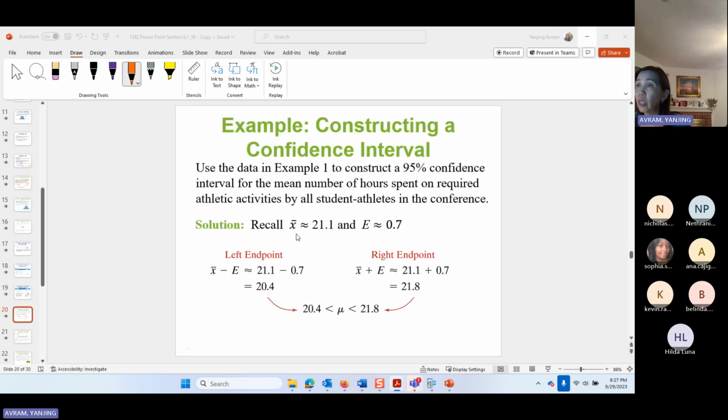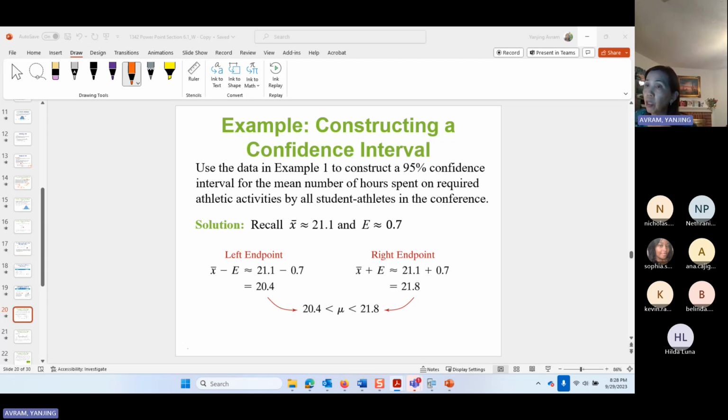All right, so look at this one right here. We just found the margin of error was 0.7, right? And the x bar, the sample mean, was 21.1. So on the left side, you have x bar minus E. So you have 21.1 minus 0.7, giving you 20.4. On the right endpoint, you have 21.1 plus 0.7, giving you 21.8.